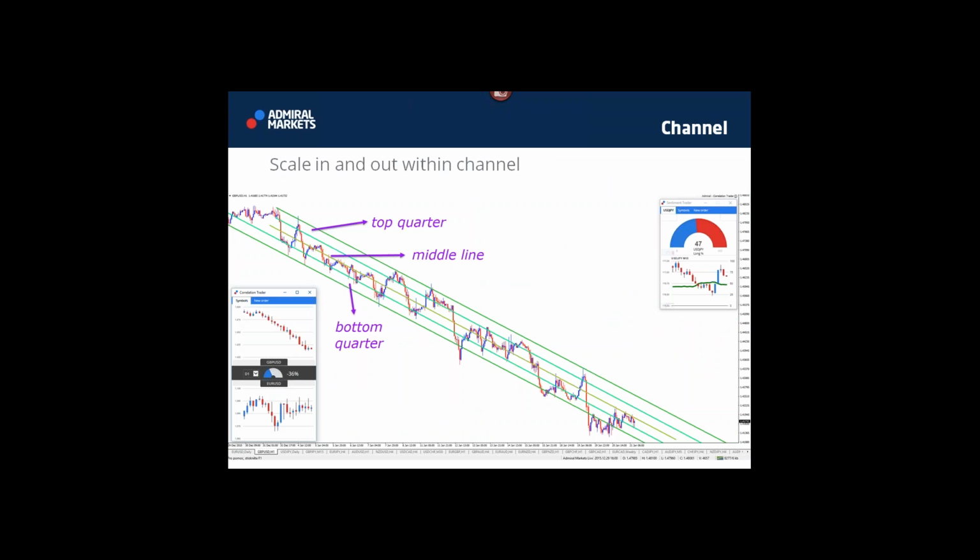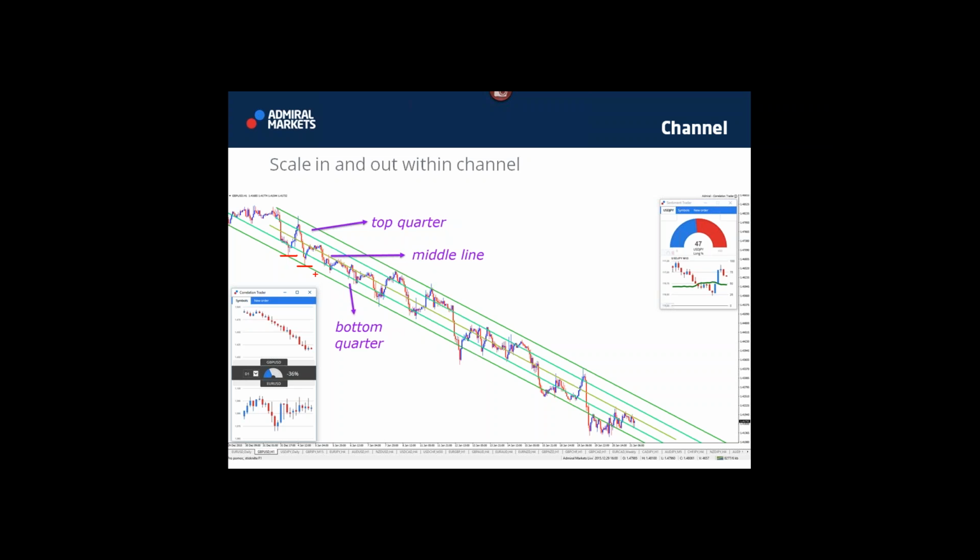So trend channels and trend lines we can use. Like this is a perfect trend channel, very balanced in its decline, very good angle, and we could use it for scaling in and scaling out. We could use it for scaling out by looking for targets at the bottom of the channel.